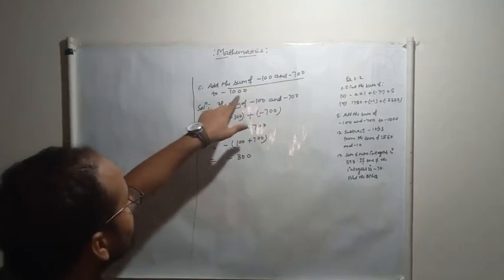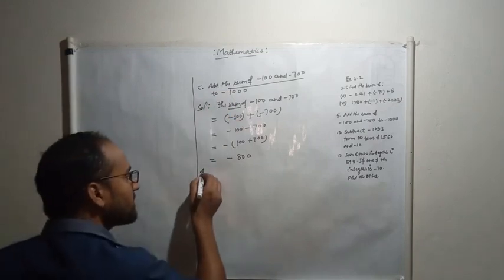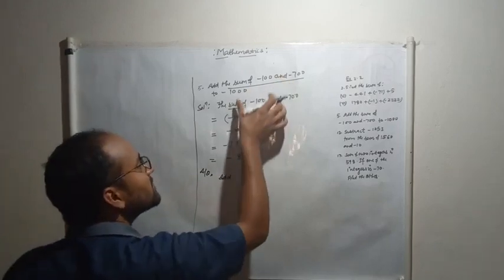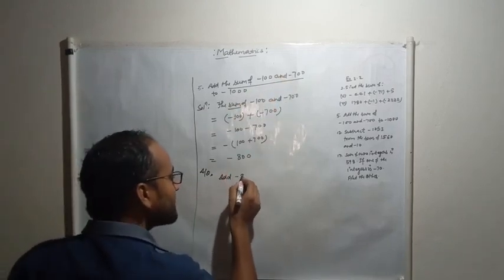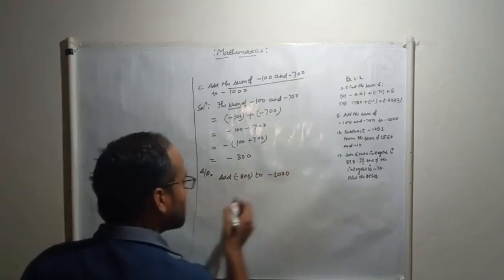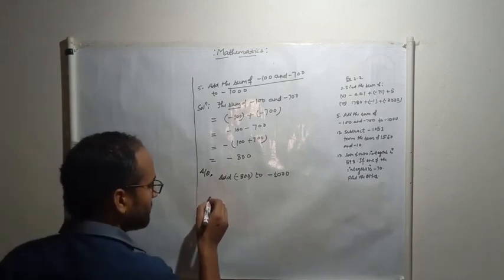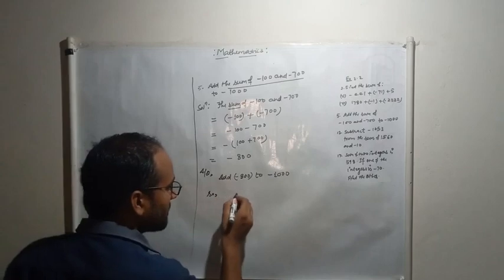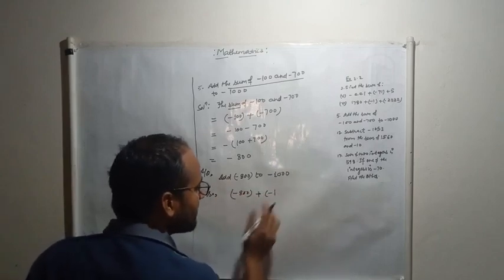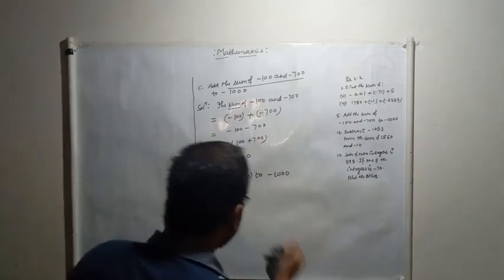And then add the sum of this one to this quantity, minus 1000. So according to the question, add the sum of this one, minus 800, to minus 1000. So minus 800 in bracket and plus minus 1000. Add this to this one now.